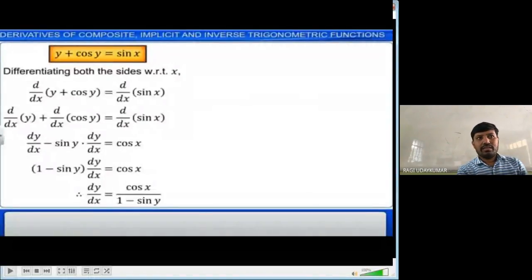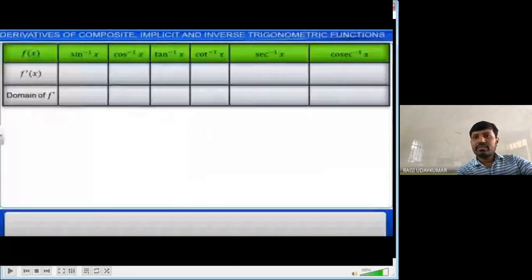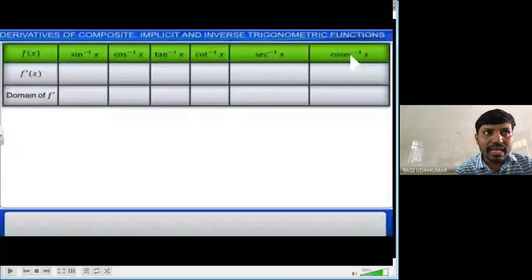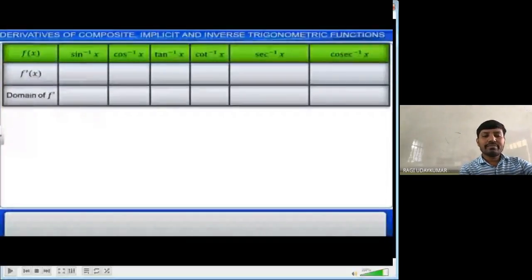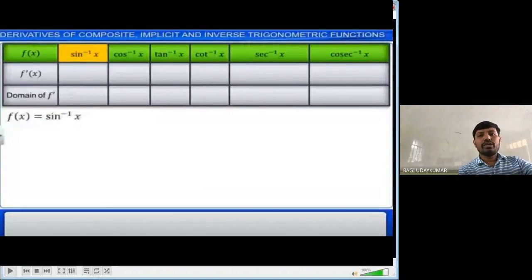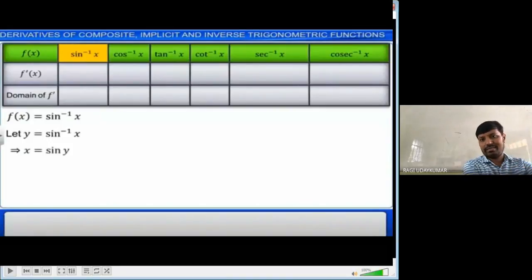So like this, with the help of implicit functions, we can find the derivatives of inverse trigonometric functions. Let us see sin inverse x. Let us consider y equals sin inverse x. This can be written as sin y equals x, or x equals sin y.